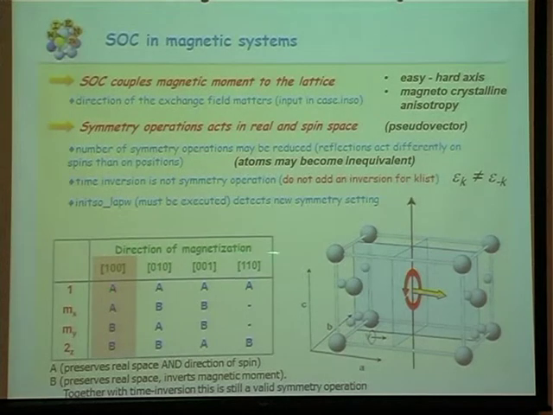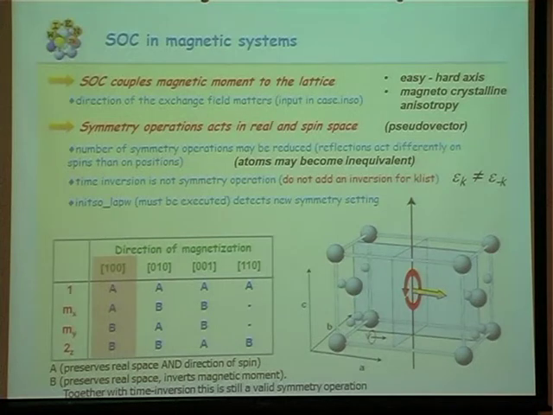Now let's take the direction of magnetization in the 1, 1, 0 direction as it's indicated in this picture. That means if my magnetization looks in this direction, in the x direction, I will have a current loop as indicated here. And of course, the identity preserves this.